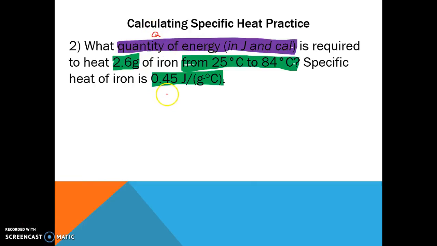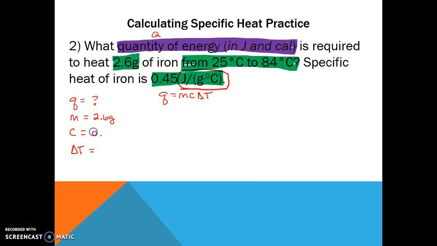So my equation, again, is Q equals mc delta T. I'm going to set up my variable list on the left: Q, m, c, delta T. Q is my unknown, so question mark. M is mass measured in grams, so 2.6 grams. C is my specific heat. Specific heat is C for complicated, because look at those units, it's crazy.